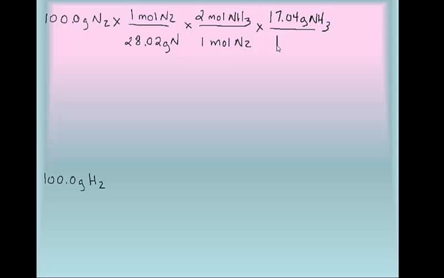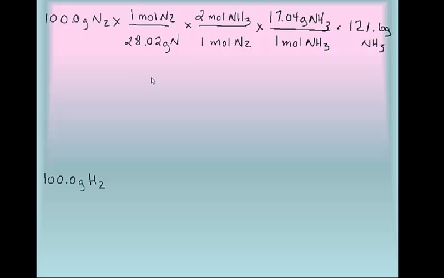Here's the molar mass of ammonia gas. I'm going to do the math, and I get 121.6 grams of ammonia gas will be produced from 100 grams of nitrogen gas.